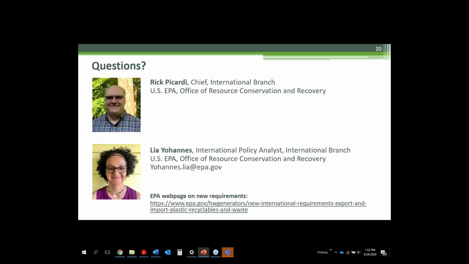So first, Rick and Leah, are there places where there are lists of OECD countries and the Basel Party countries, so people looking to see who else is involved know where to find this? And as a follow-up, we talked earlier about how the US is a signatory but not a party to the Basel Convention. Could you explain why the US is not yet a party to the Basel Convention?